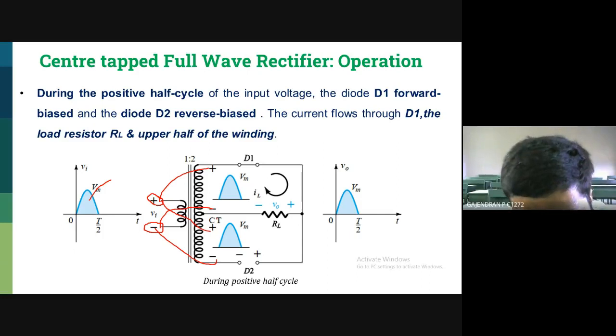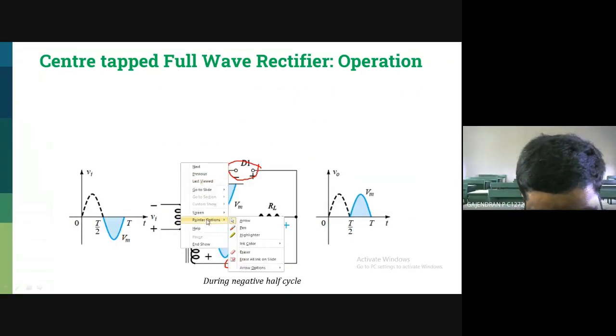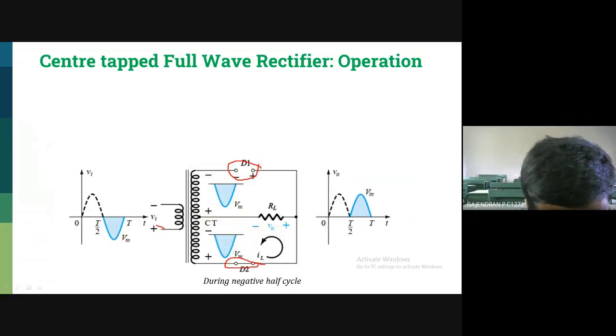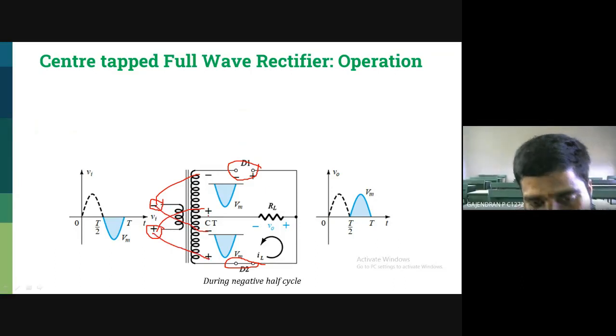With this polarity only, we conclude that this diode conducts and this diode doesn't conduct. Please check the negative half cycle. In the negative half cycle, this terminal is more positive than this one. The same thing reflects on the secondary side also. With this polarity notation, diode 2 conducts, diode 1 doesn't conduct.